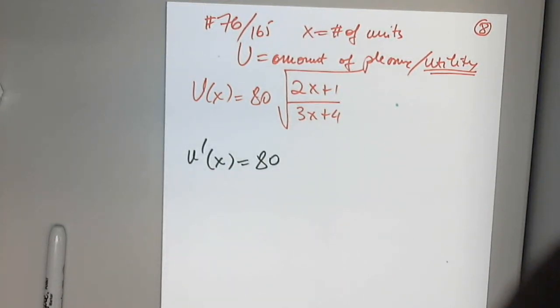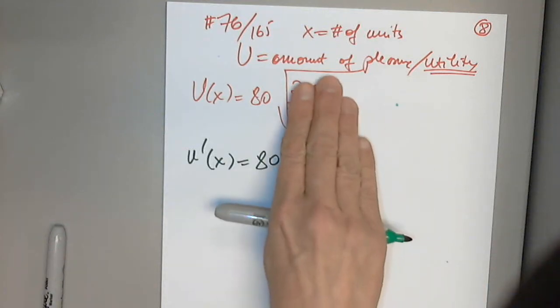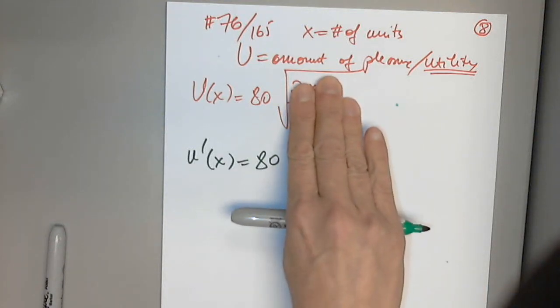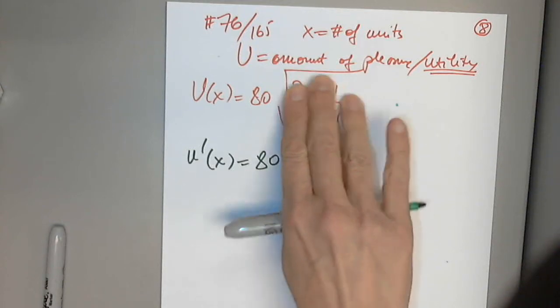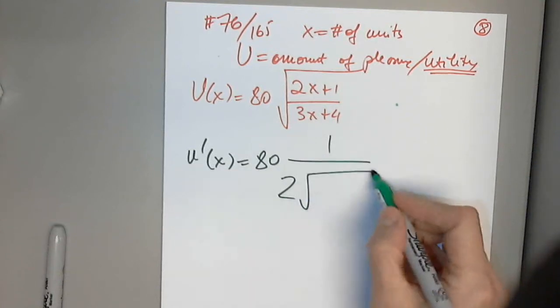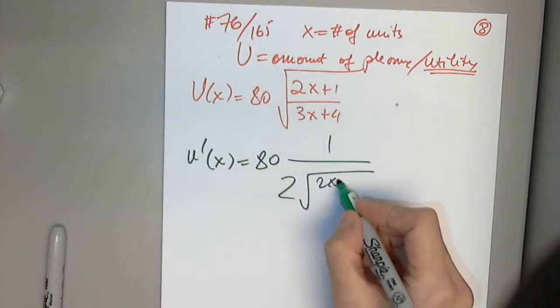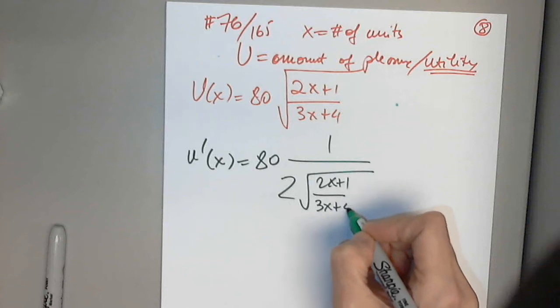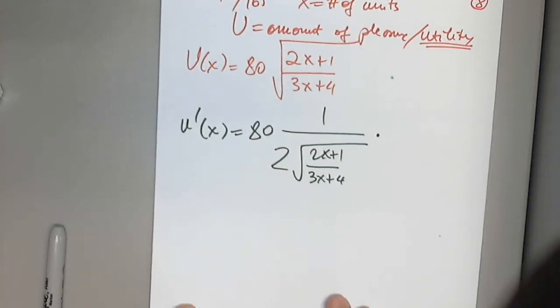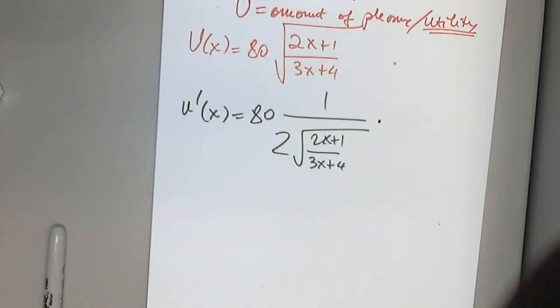Leave 80 alone. So if I want to differentiate the square root of x, what do I write? 1 over 2, the square root of this, 2x plus 1 over 3x plus 4. I should write times x prime, but this is not a simple x, it's that whole thing prime.